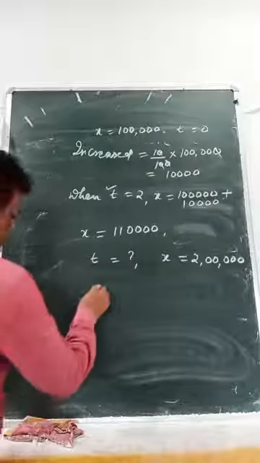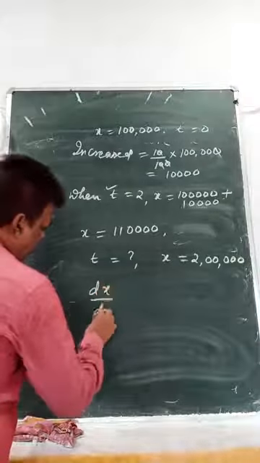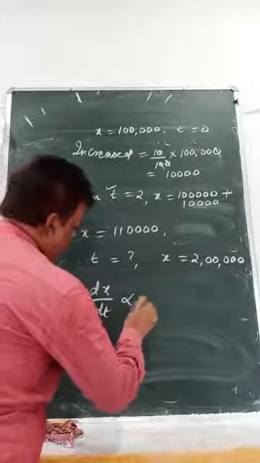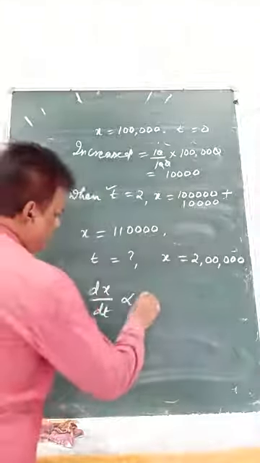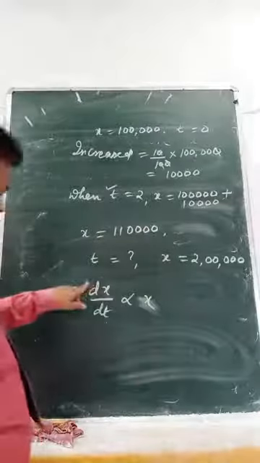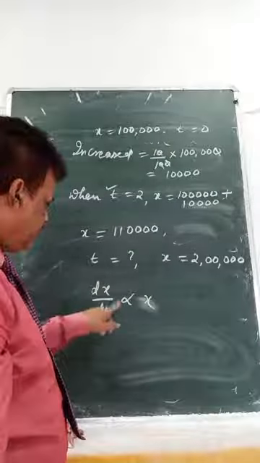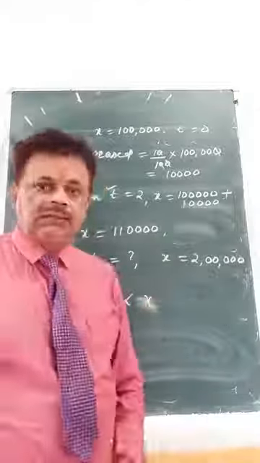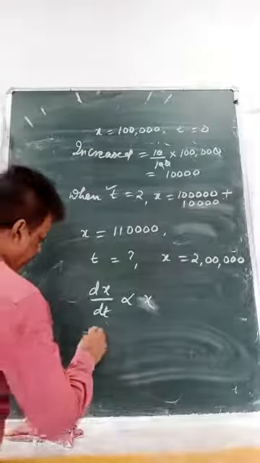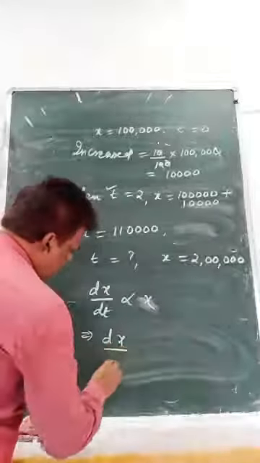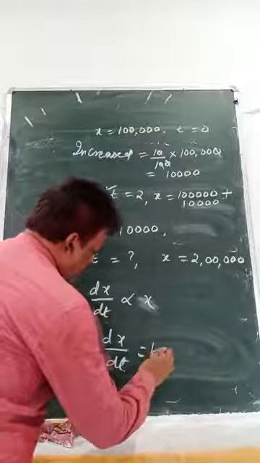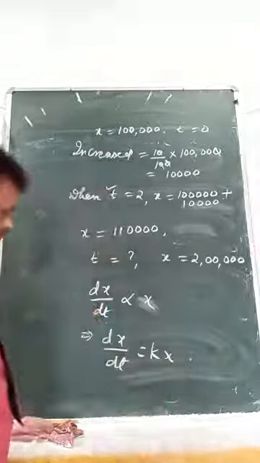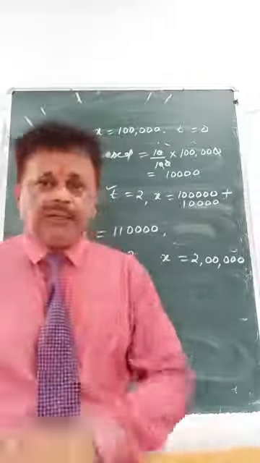Now dx by dt is proportional to the number present. This is important. Rate of growth of bacteria is proportional to the number present. That means dx by dt equals some constant into x. Got the point?